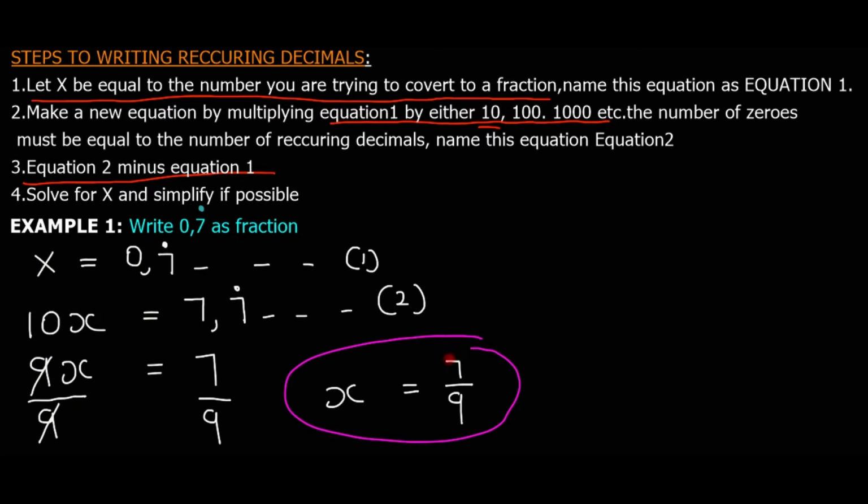So you can see that it's very easy. If you press 7 divided by 9 on your calculator, you will realize that it gives 0.777777, which is just 0.7 recurring. So this is our answer, and then let's check another example.